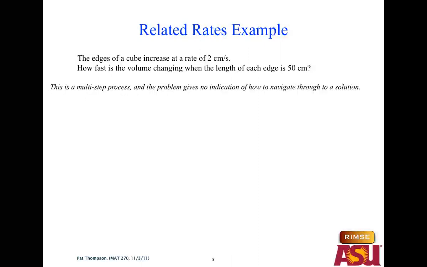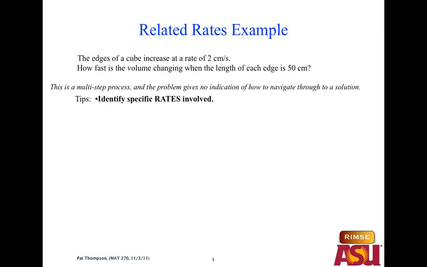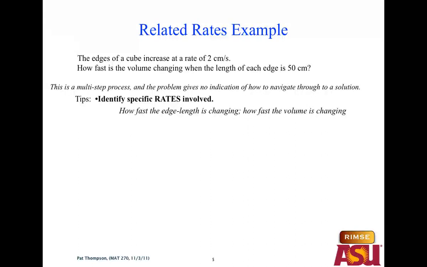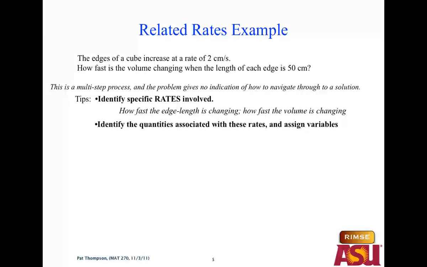Okay, so here's a strategy. Identify the rates involved. We already did that: how fast the edge length is changing, how fast the volume is changing. Then identify the quantities associated with those rates and assign variables. If we're talking about how fast the edge length is changing, what's the quantity associated with that rate of change?